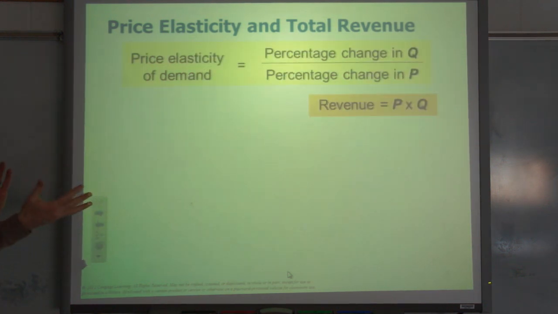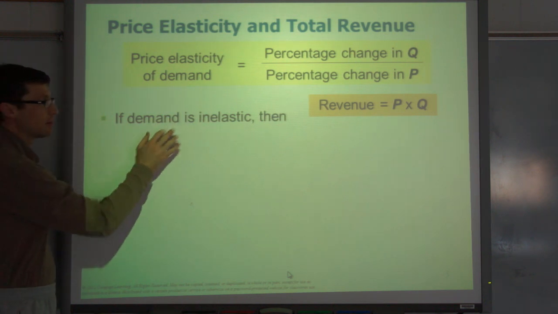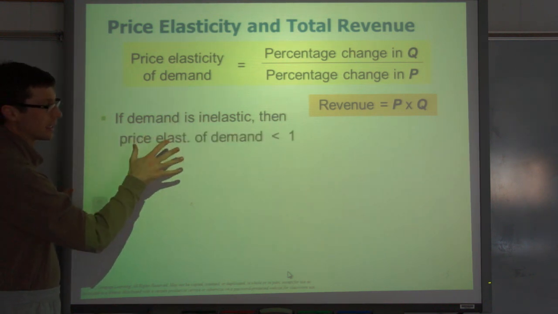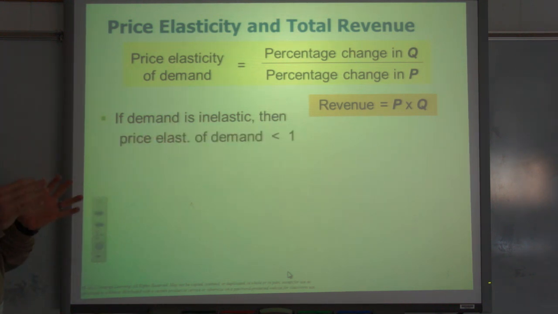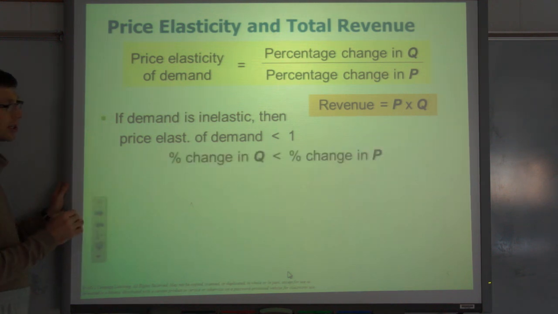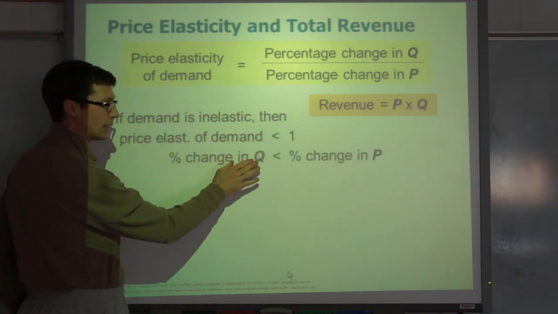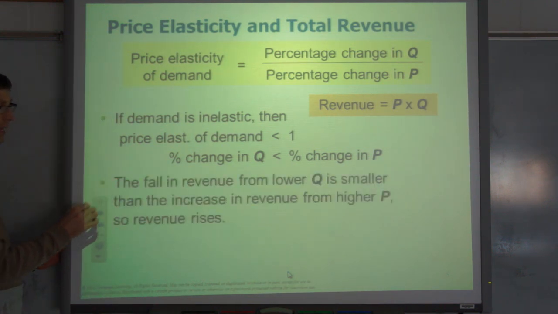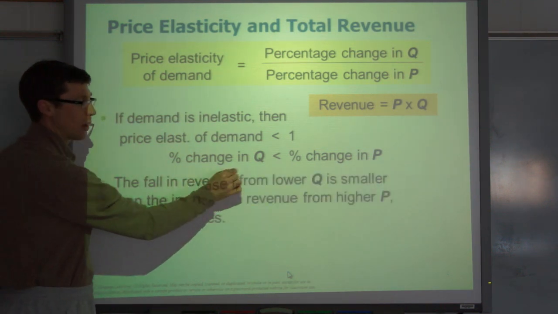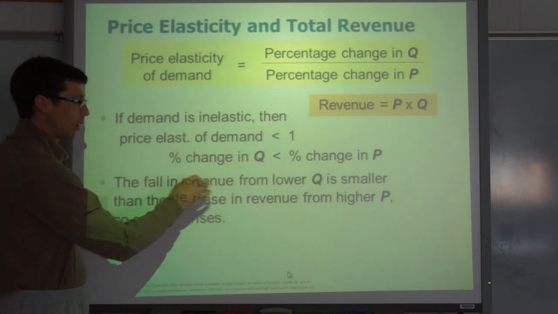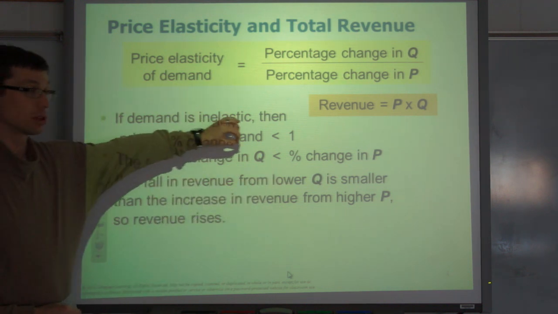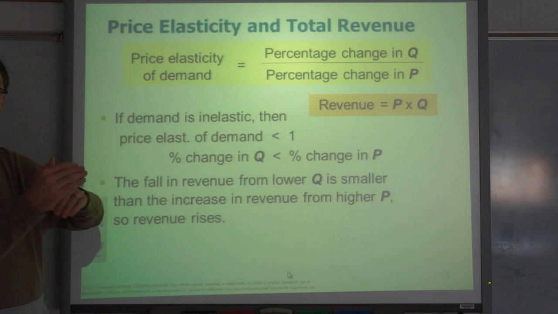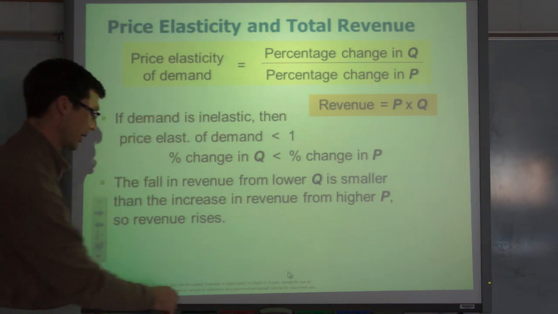And just like we analyzed this from an elastic demand, we're going to do the same for inelastic. If demand is inelastic, then the elasticity reading is anything less than 1. In such a case, the percentage change in quantity is less than the percentage change in price. The fall in revenue from the lower quantity that we're selling, because we remember we're looking at increasing the price.